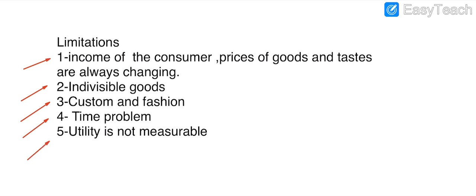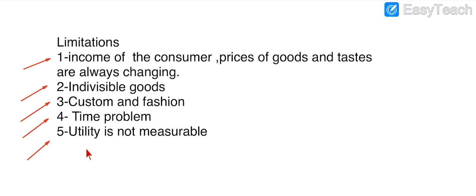Next one is utility is not measurable. In the first lecture, I described utility to you. According to classical economists, utility can be measured with the help of a utilometer. But when we see practically, there is no kind of utilometer with the help of which I can measure my utility. You can't tell how much utility you obtain by drinking one glass of milk.